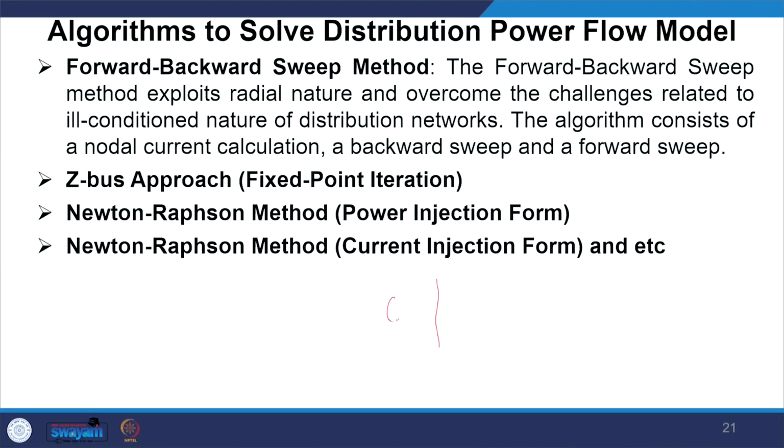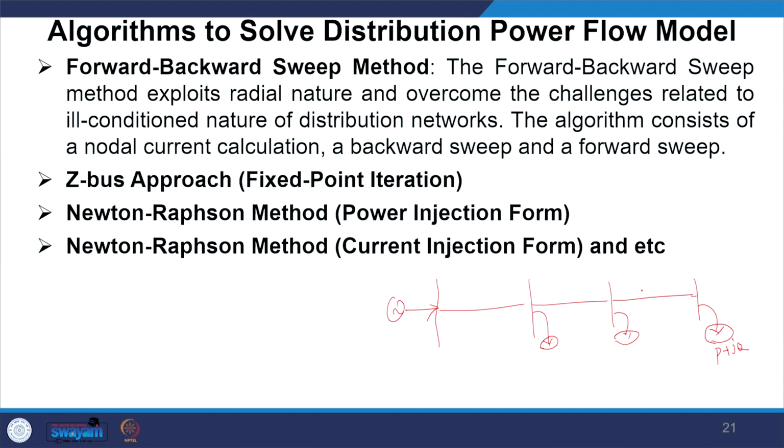Just to give an idea about the forward backward sweep method, let us consider any substation; this is my substation, and there is a radial feeder. Now, the load P plus jQ at this bus is known to me, similarly at this bus and at this bus, because the loads are considered known.